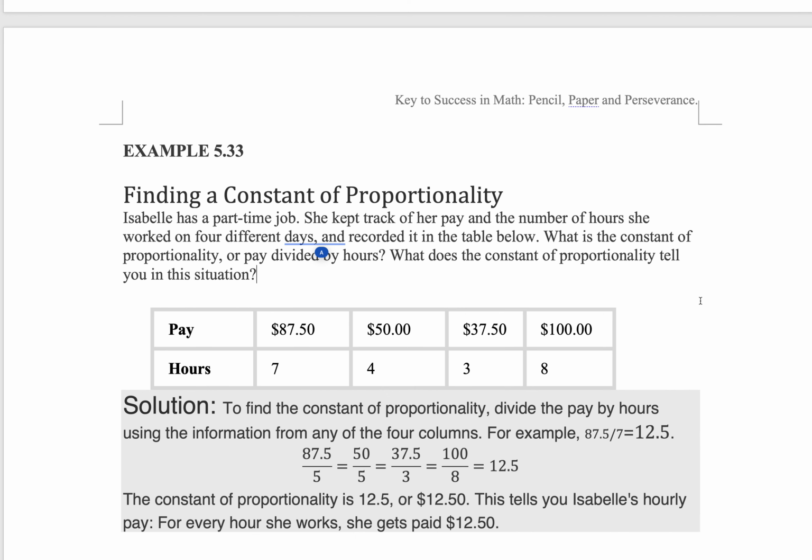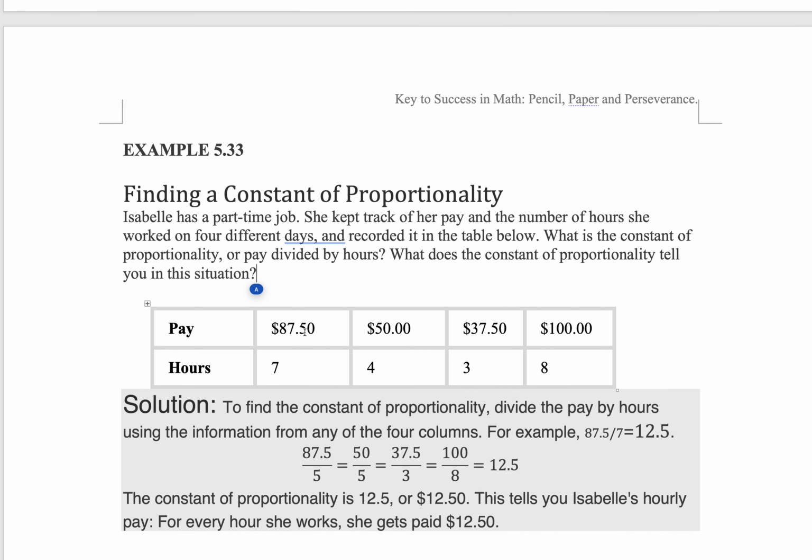If you look at the ratio, 87.5 over 7, we get 12.5. Then the ratio 50 over 4 is the same amount. Similarly, 37.5 over 3 and 100 over 8, we get the same ratio, 12.5.